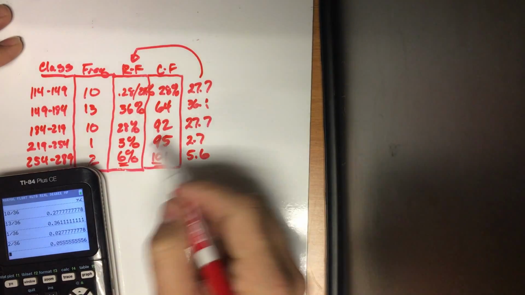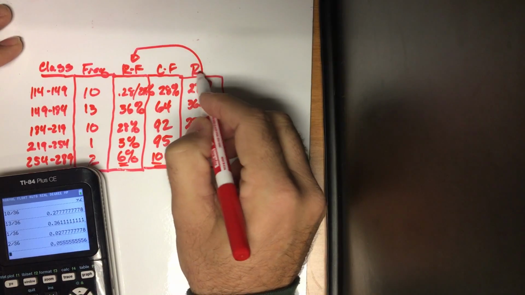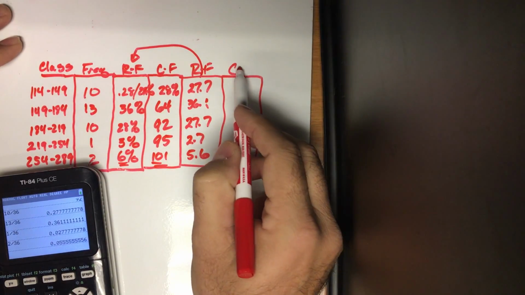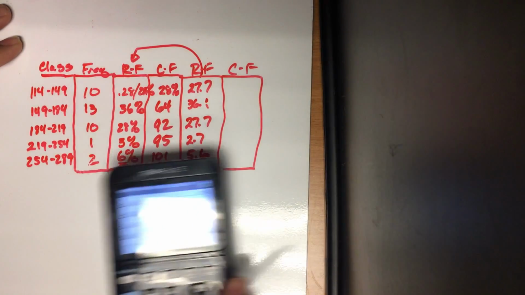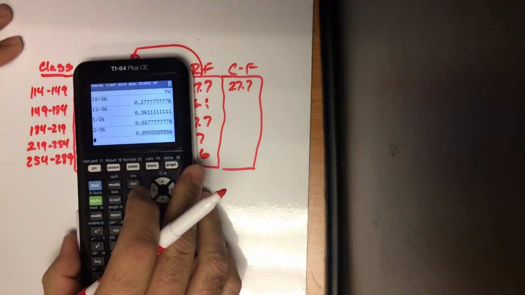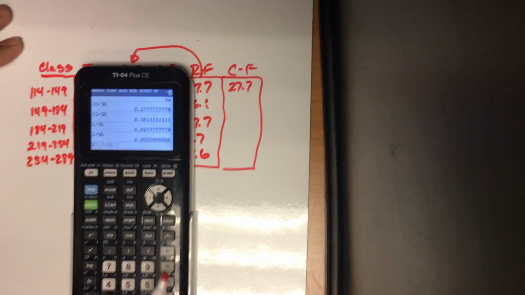I wouldn't mark you wrong if you put the other, but this is better because now, if I call this the relative frequency, then when I go to the cumulative frequency, look how little round-off error I'm going to get. So the cumulative frequency is going to be 27.7 plus 36.1.